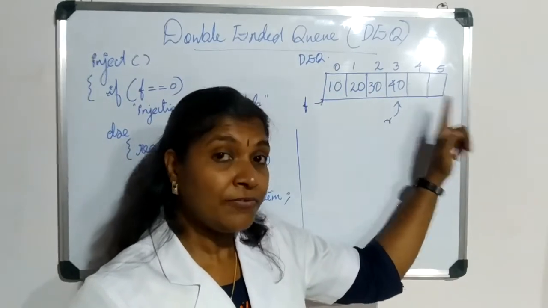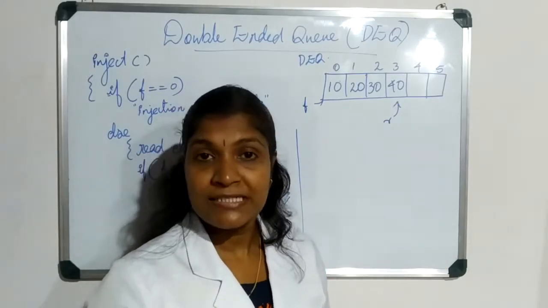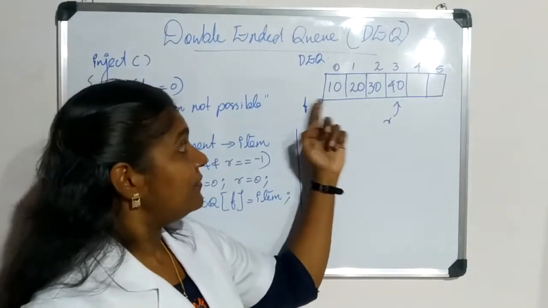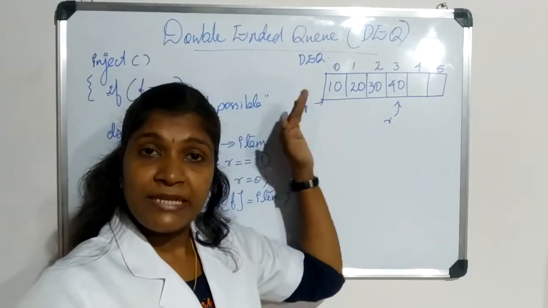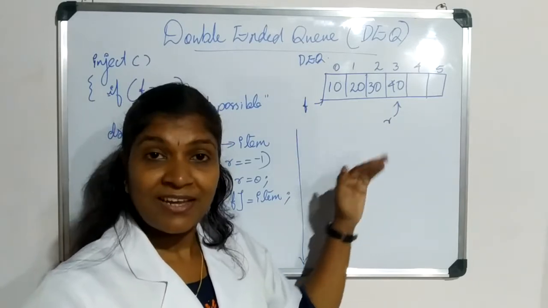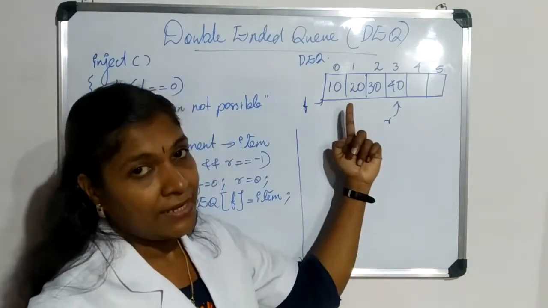That was the drawback of the Q concept, and as a remedy for that we used the circular Q. And here the problem is that we are about to perform the insertion, the inject operation, through which end? Front end, right? And right now you consider this array.